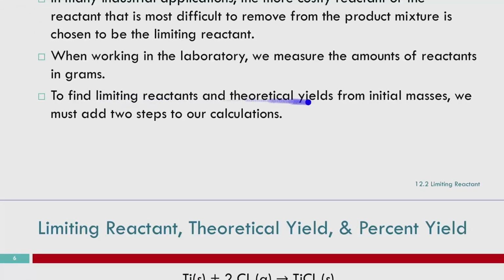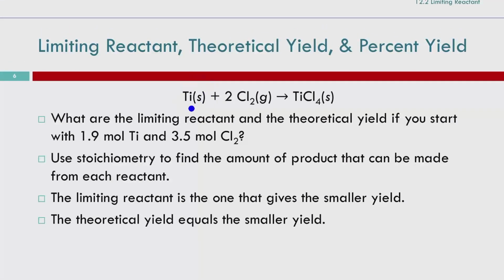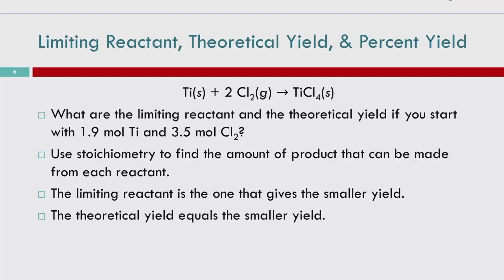So to find limiting reactants and theoretical yields, if we're starting with initial masses, we get to add a couple of steps. If we've got a reaction with titanium and chlorine gas to form titanium 4 chloride, we want to know what is the limiting reactant, what's the thing that runs out first, or makes the smallest amount of product, makes least product, and what's the theoretical yield if we start with some given numbers.